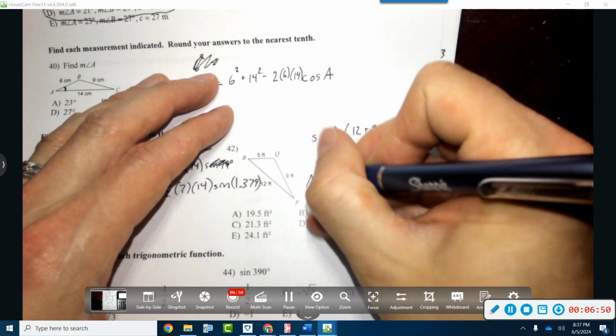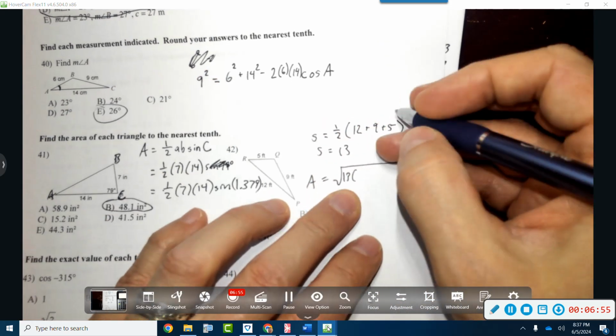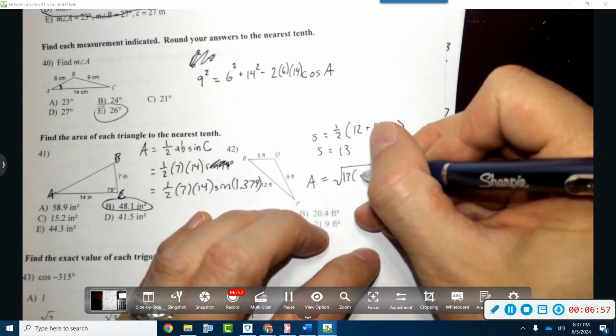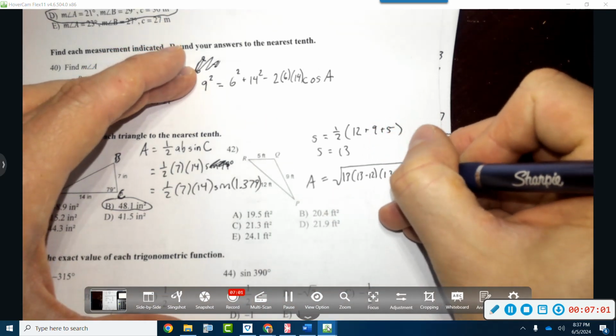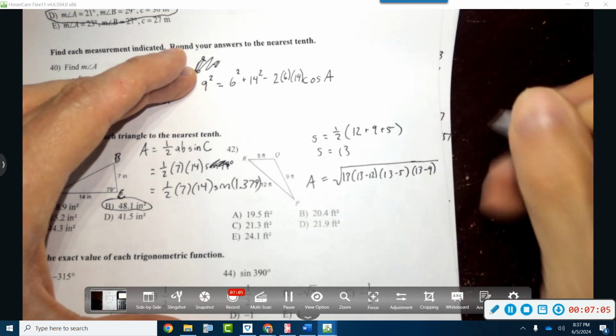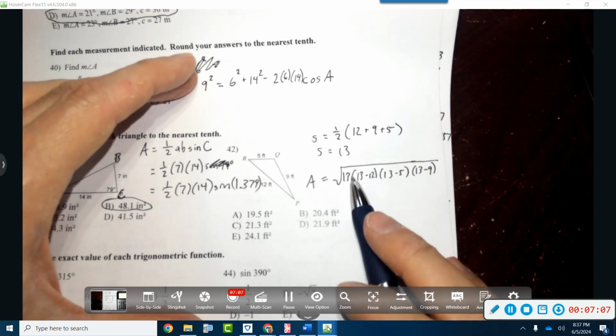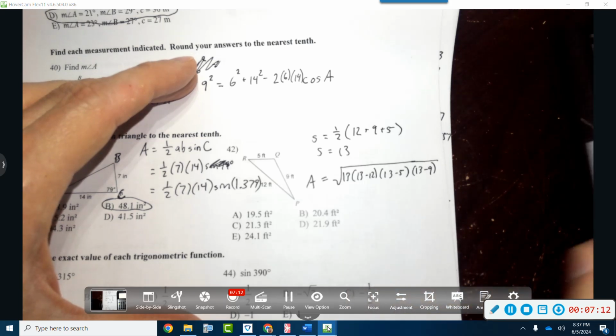So now the area equals the square root of 13 times 13 minus 12, 13 minus 5, and 13 minus 9. Okay, that semi-perimeter should always be bigger than what those sides are, or else it's not the semi-perimeter.